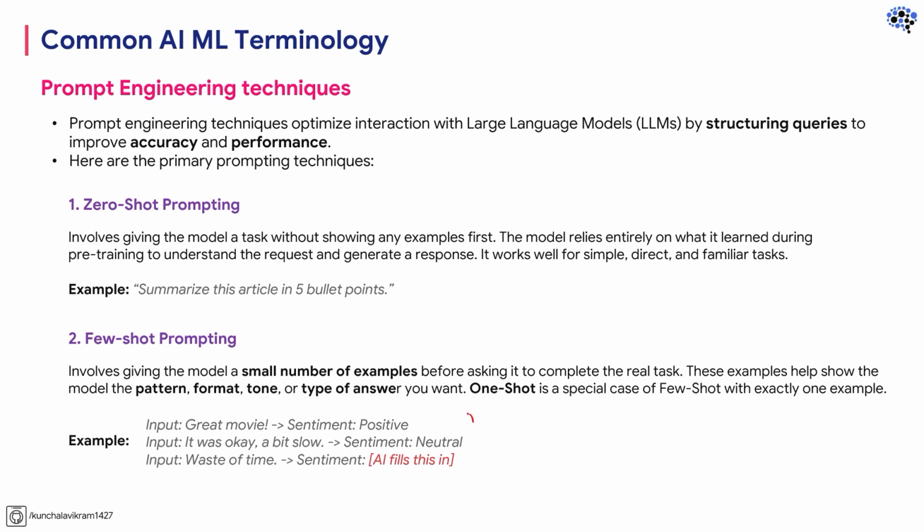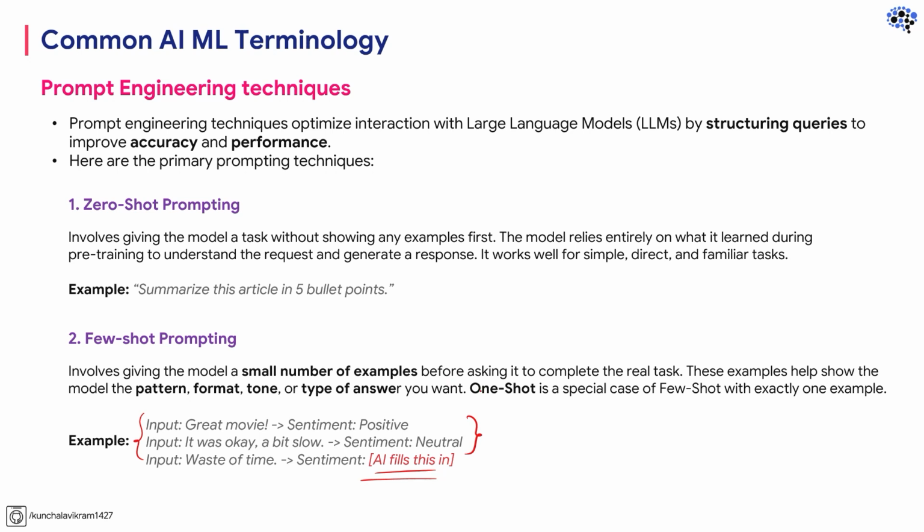Since I've given two examples, now the model will know how to respond. Because now it knows whether it is positive, neutral, or what should be the output, because I've given two examples here, right? So few shot prompting means you're giving the model a small number of examples so that it knows how to respond to your task.